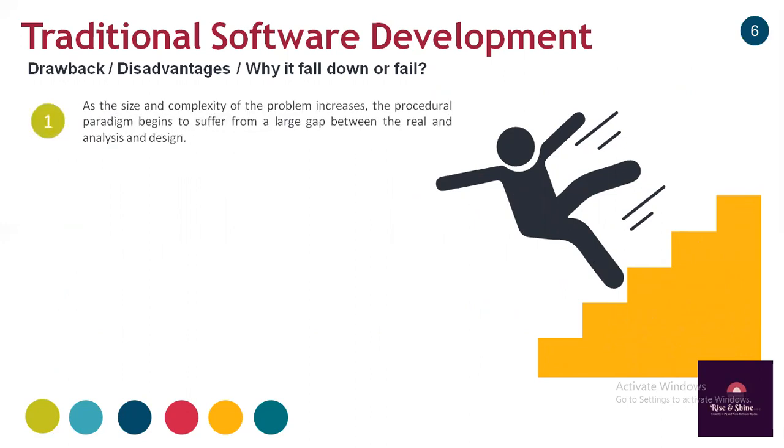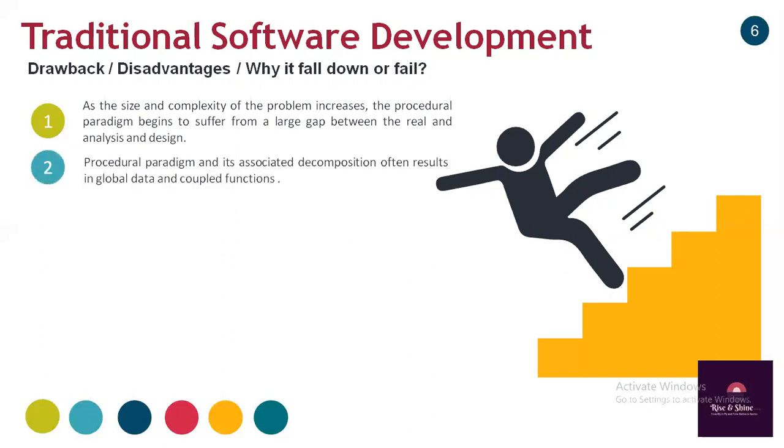The first reason is that as the size and complexity of the problem increases, the procedural or traditional paradigm begins to suffer from a large gap between the real-world business and the analysis and design models we have created. That gap increases with the size and complexity of the application we are developing.